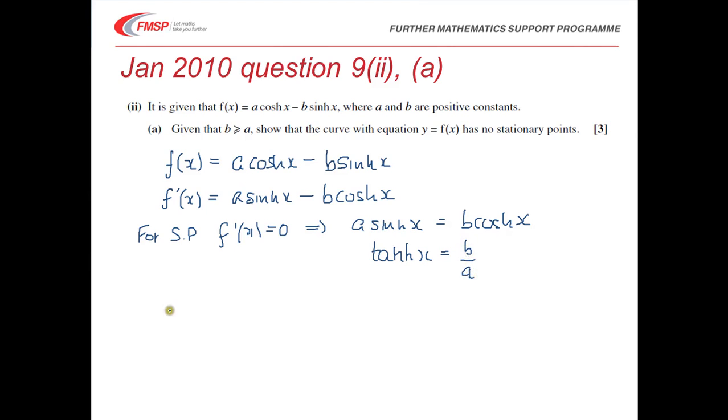Now we're told that b is greater than or equal to a, which implies that b over a will be greater than or equal to 1.